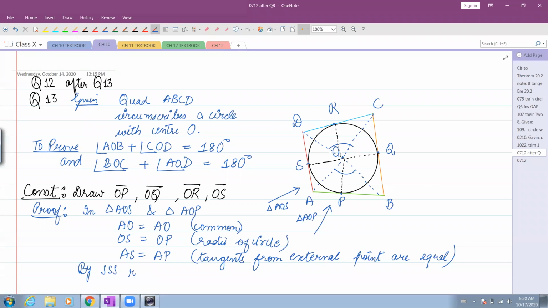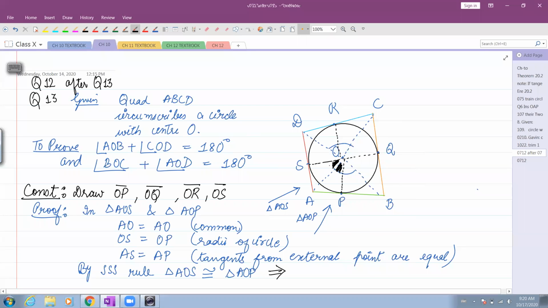By SSS rule, triangle AOS is congruent to triangle AOP. And from here, I'm going to conclude a result for the angles marked at the center. This one and this one.